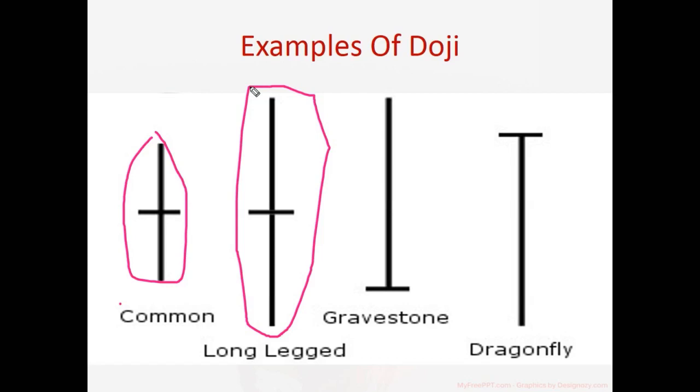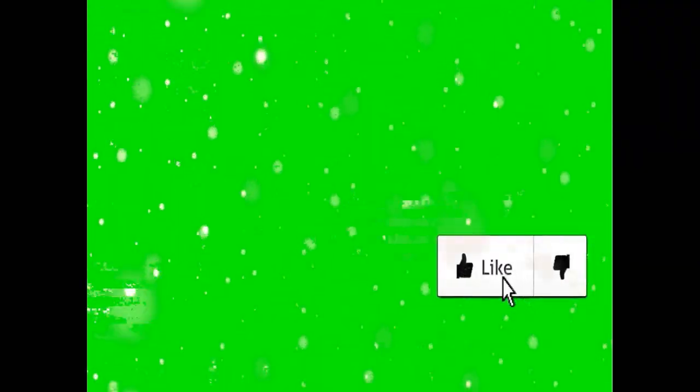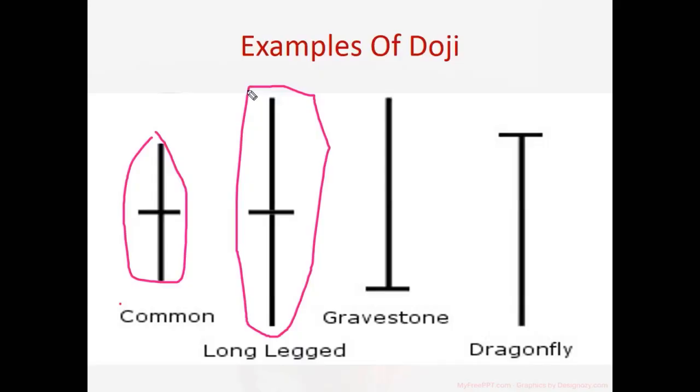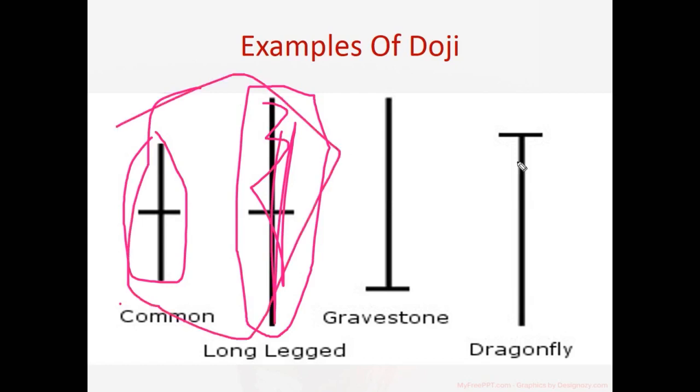So after the news release, at the end of the session, or at the end of the candlestick, if maybe we are looking at the 15-minute or 1 hour time frame, most likely the candle will look like this, or it will end up in a rejection. So these are the two doji candlestick patterns I use in my trading.